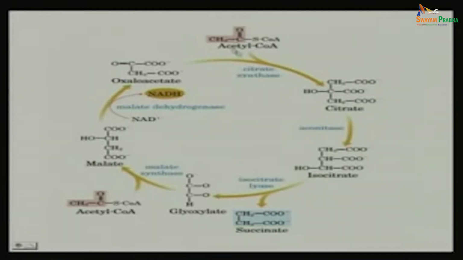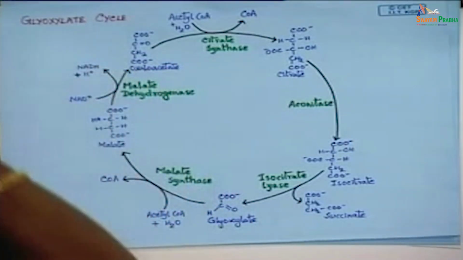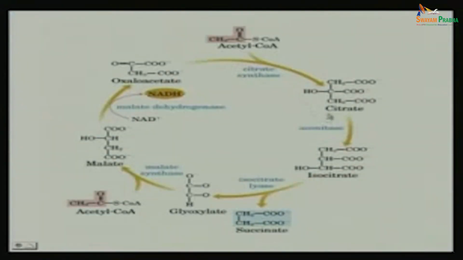Now see, acetyl-CoA in the presence of oxaloacetate is converted to citrate. This citrate is converted to isocitrate.